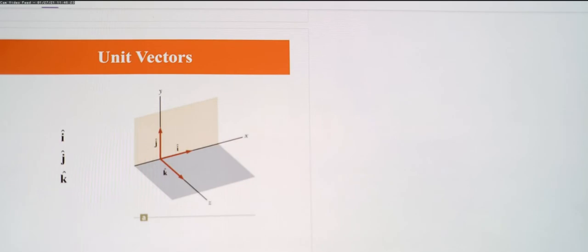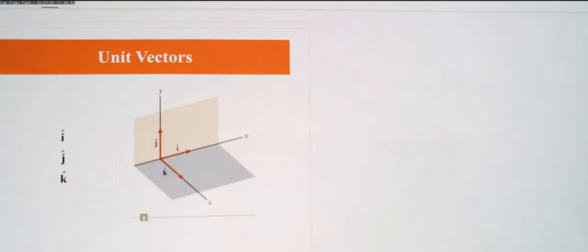cross your fingers. Okay, so far we were dealing with 2 dimensions, x and y. But real space around us is 3 dimensions, x, y, and z.